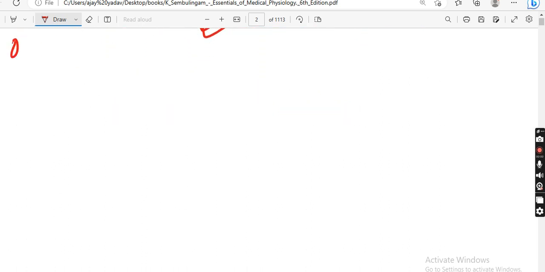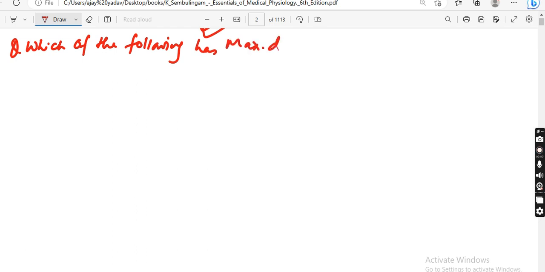Okay, so next question. Which of the following has maximum dipole moment?